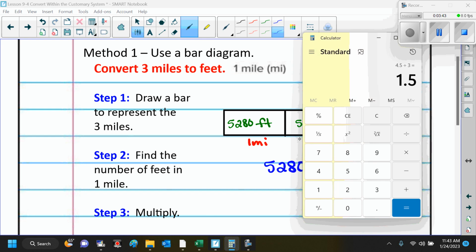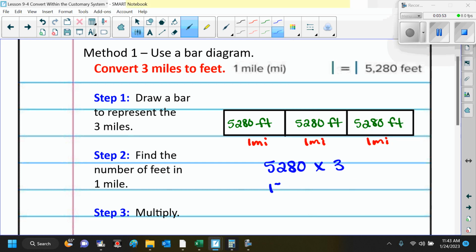So when we do that, 5,280 feet times 3 gives us 15,840. And what are my units? Feet. So there are 15,840 feet in 3 miles.